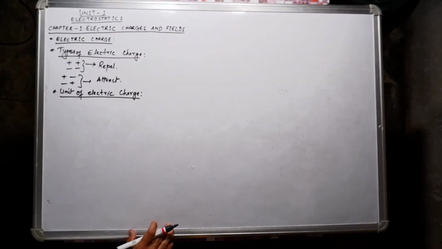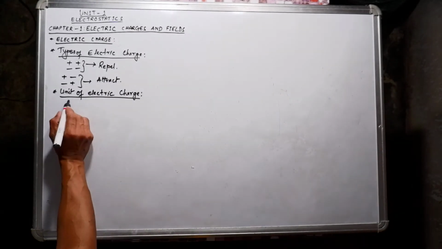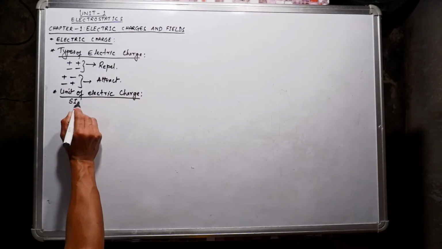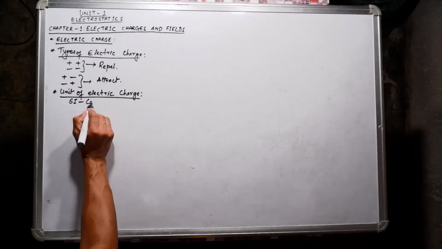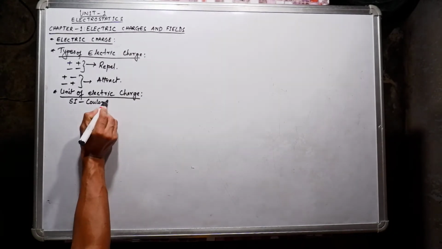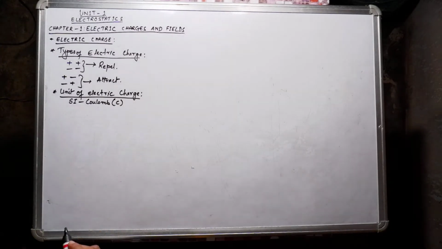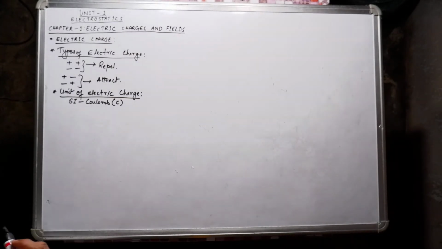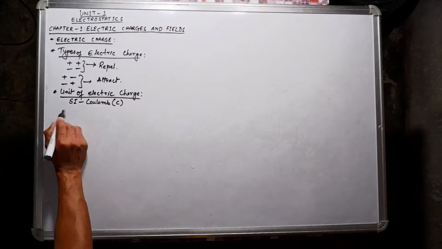The SI system, or international system, unit of charge is the Coulomb, which is denoted by a capital C. Now let us try to define 1 Coulomb. Let us take the example of a conductor.